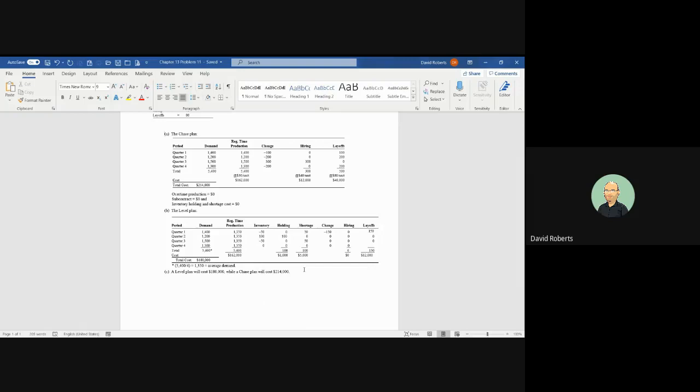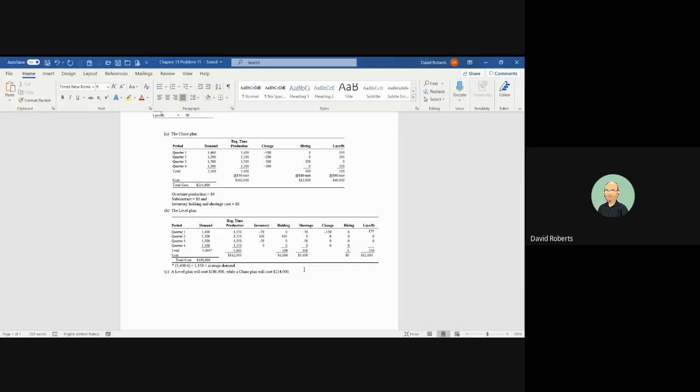If we have a shortfall or back orders, the only time we're going to change our workforce is at the very beginning, because we had 1,500 in quarter 4 of the previous year, and we're going down to 1,350. So we're going to have layoffs of 150. And after that, you won't be doing any more hiring or layoff because it is a level production strategy.